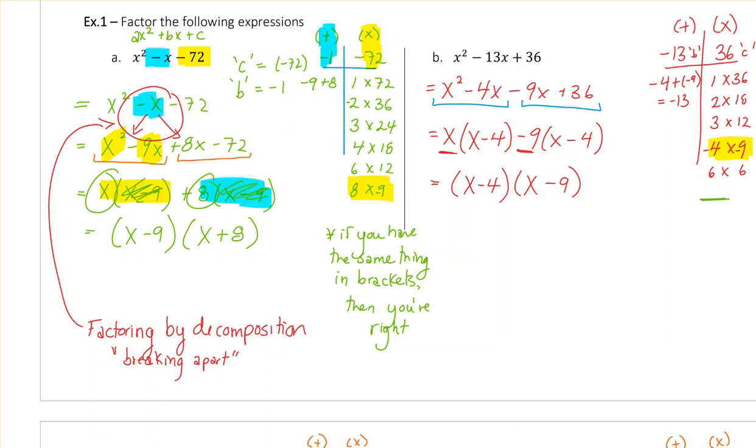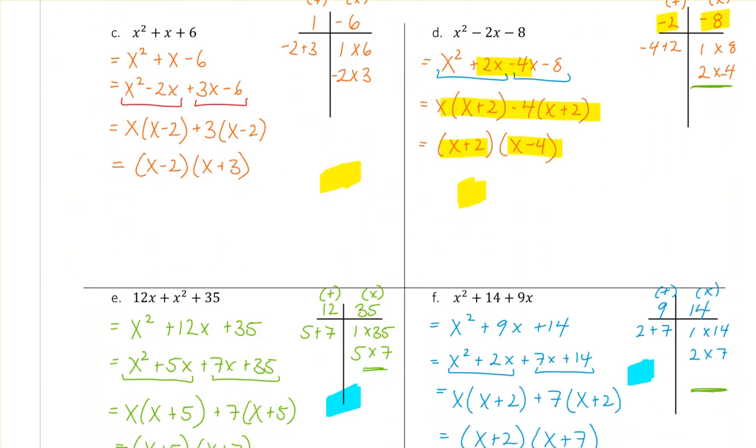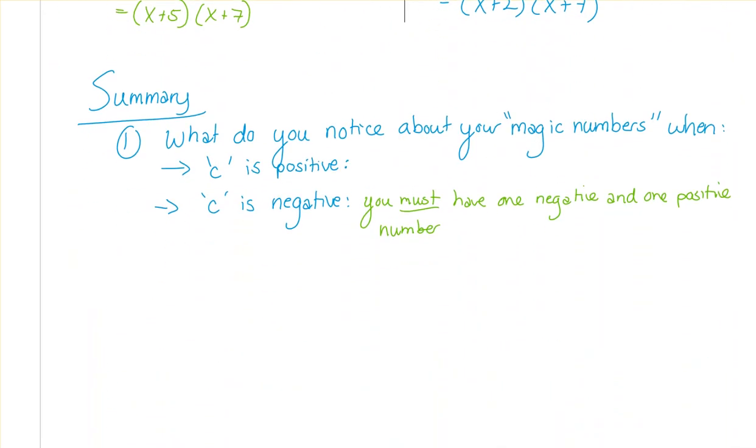So whenever your C value is positive, you just have to make sure that you have either two negative or two positive numbers chosen. Well, how do you know? If B is negative, then you're going to have two negative values. If B is positive, you're going to have two positive numbers.